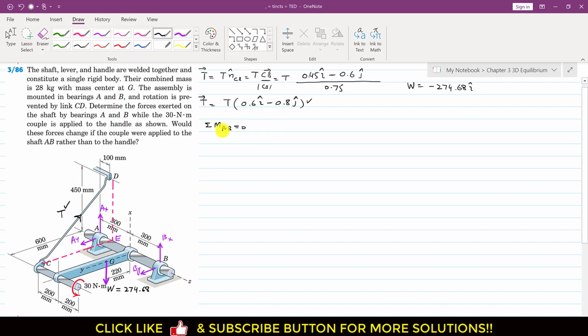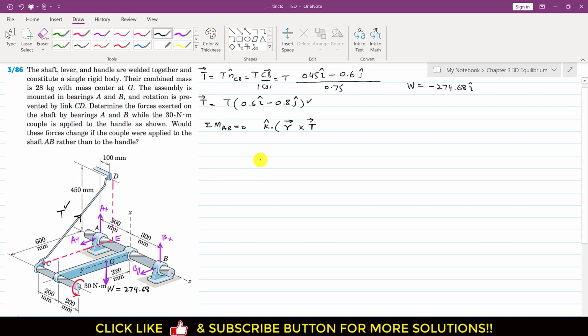So now to find this moment about AB, we will use the vector analysis. So we will define the moment arm and we will use the scalar triple product, right? So the moment about AB means that we are finding the moment about the z-axis, right? So we will write k unit vector dot product with r, the moment arm, cross T vector, right?